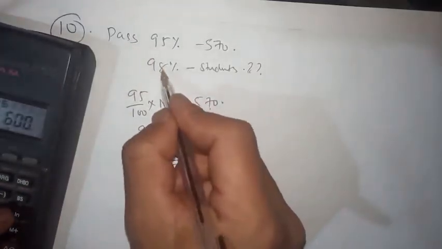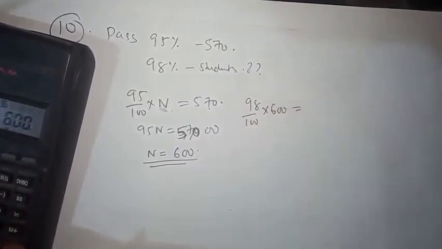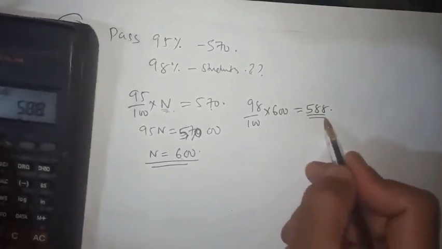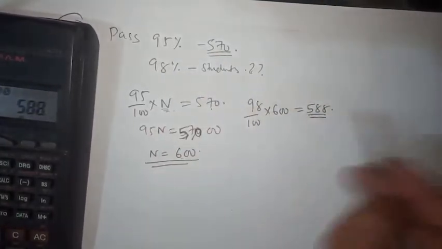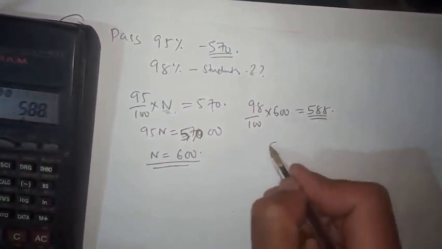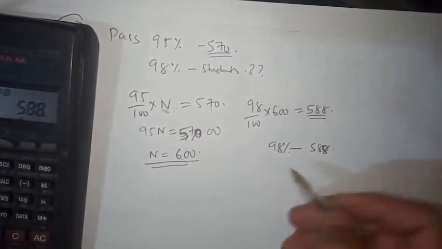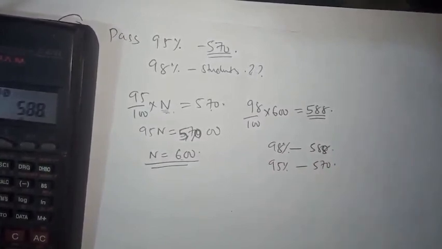Now 98% of 600 is 588. So 98% corresponds to 588 students, and 95% corresponds to 570. So 98% means 588 students pass, while already 95% means 570 have passed.